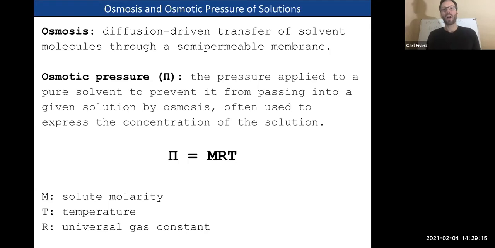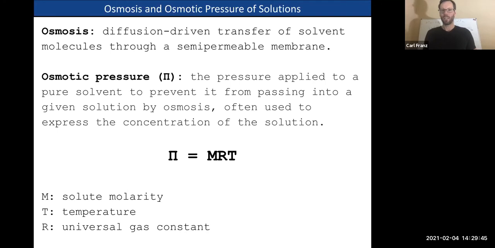When we talk about osmotic pressure specifically, it is the pressure that is applied to some solvent in its pure form that prevents it from passing into a given solution by osmosis. Okay. So in other words, it's the pressure required to prevent osmosis.